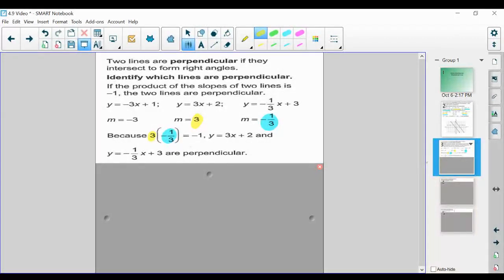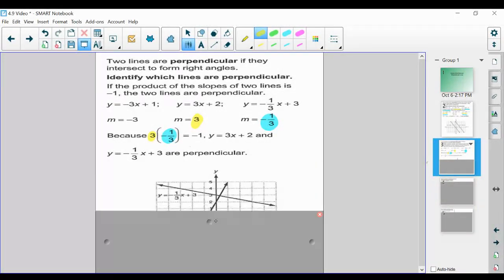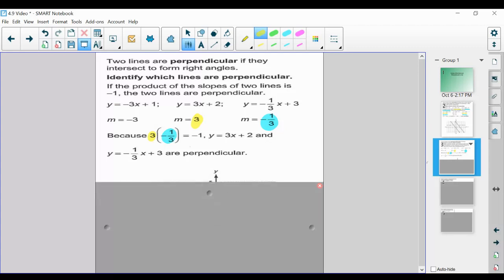be perpendicular. There's another way to show it, and it's not written on your notes, but I'm going to write it down here. So please jot this down in your notes. We want to look for the opposite reciprocal.